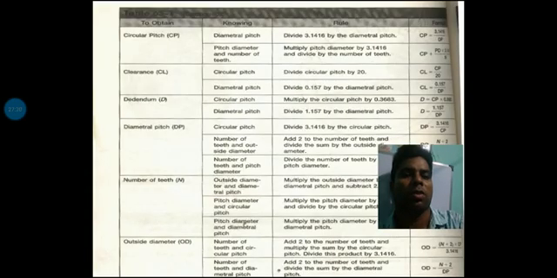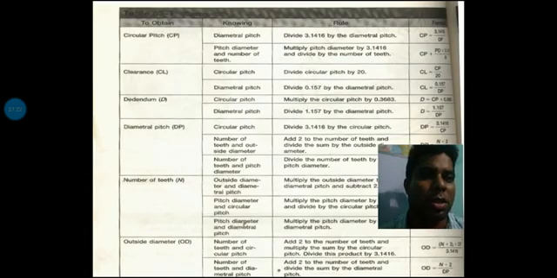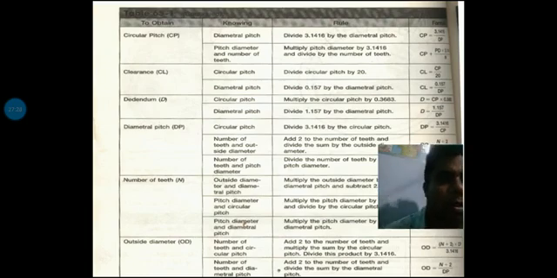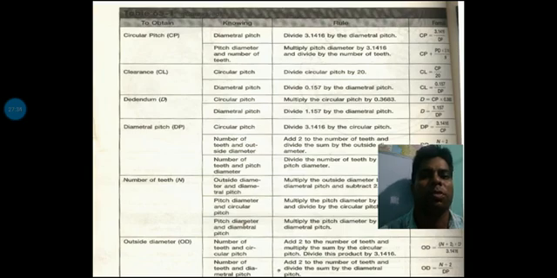Now, a lot of formulas are there. You have to see all the formulas: circular pitch, clearance, diametral pitch, number of teeth, all the points.